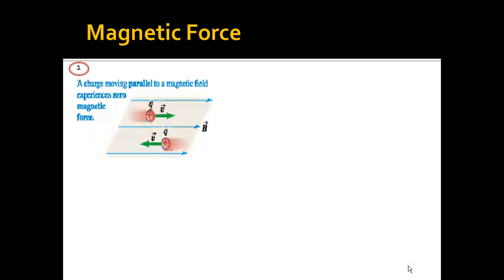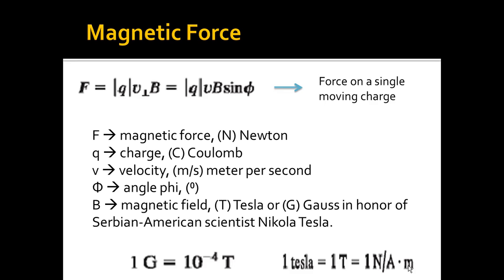When the charge enters the magnetic field, it enters parallel to the magnetic field. So from here, if we're going to apply the formula for the force, the force would result in a zero value.